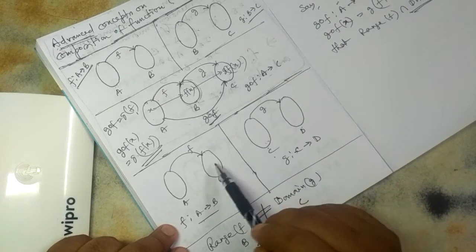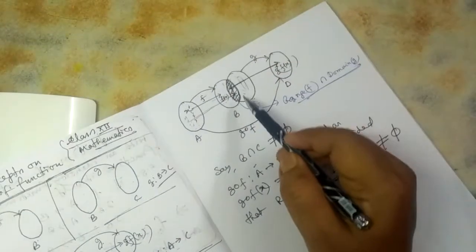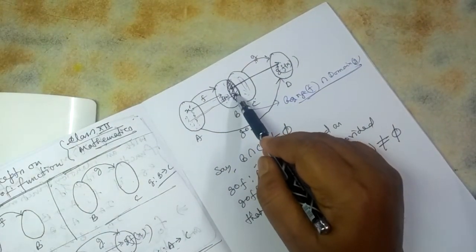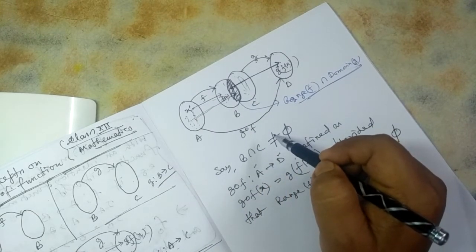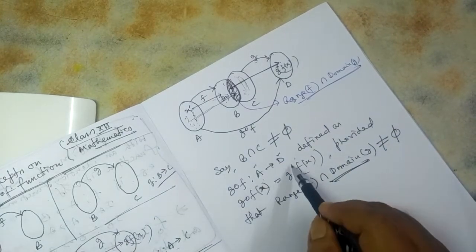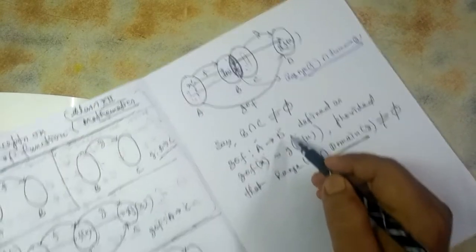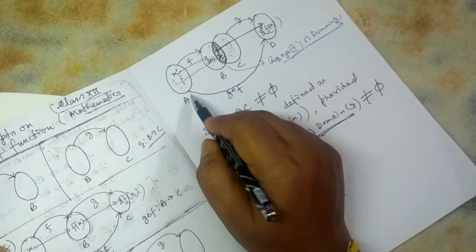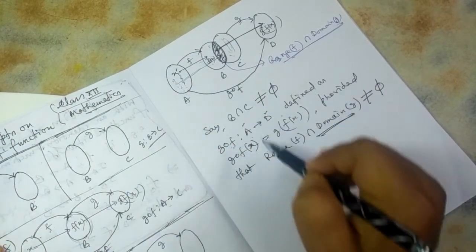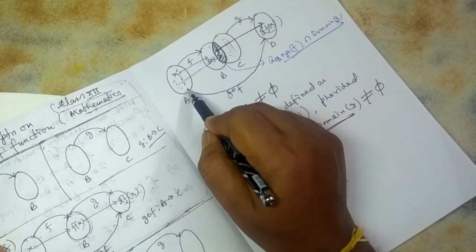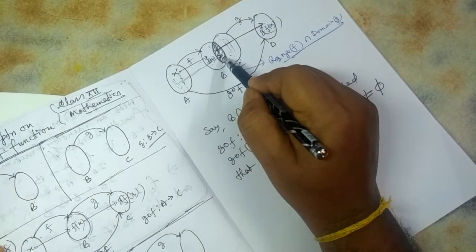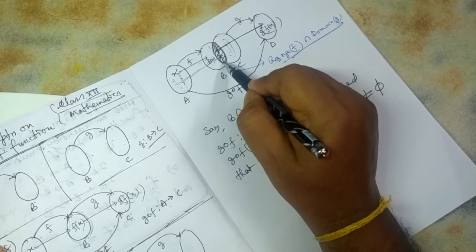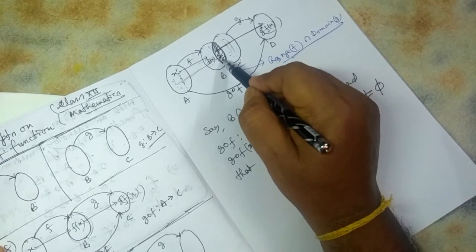But if there is a common region between B and C, as depicted here, then also g o f can be considered as a function from A to D. But we cannot say that g o f is taking all the x's from A. No, g o f is able to process only those x contained in A which fall as f(x) in the region where range of f intersection domain of g is there.